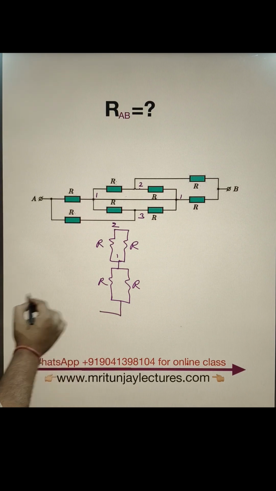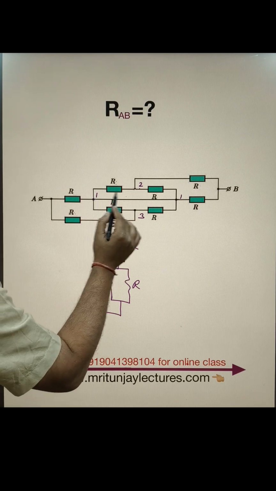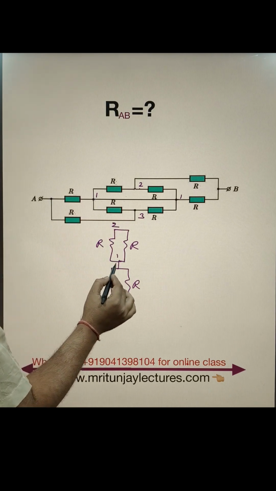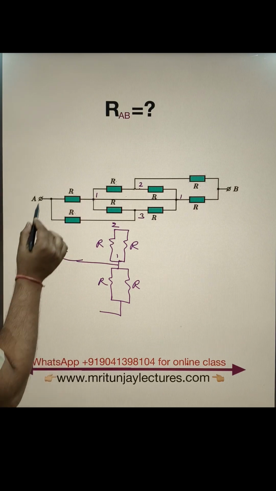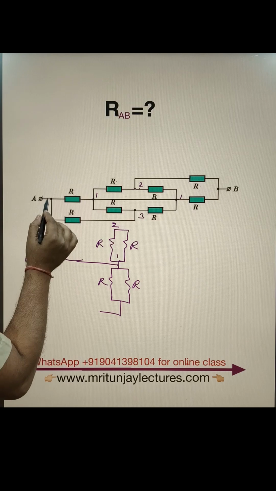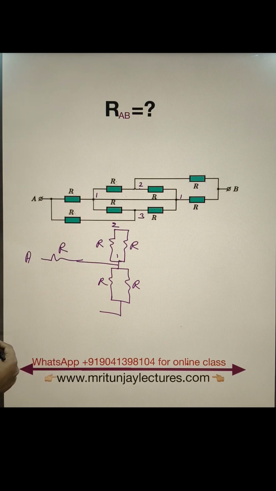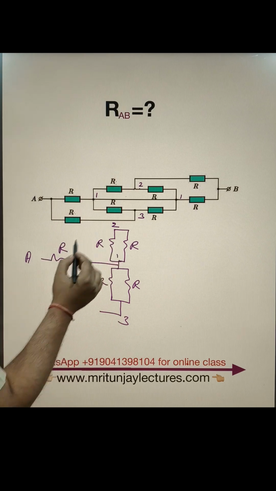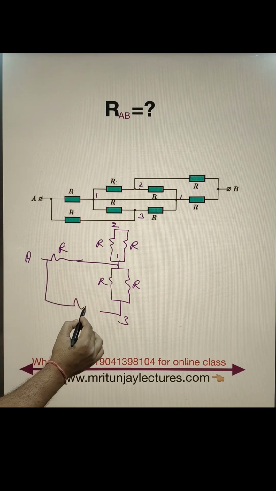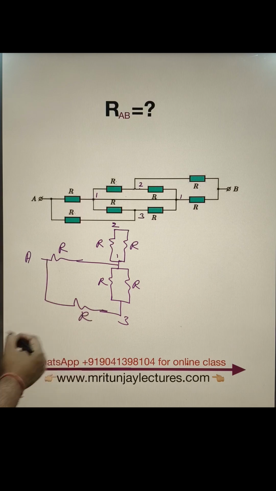After that, here 1 to A, 1 to A, connect R. Here A to 3. Here 1, 2 and here 3. A to 3 is how much? R. Clear?